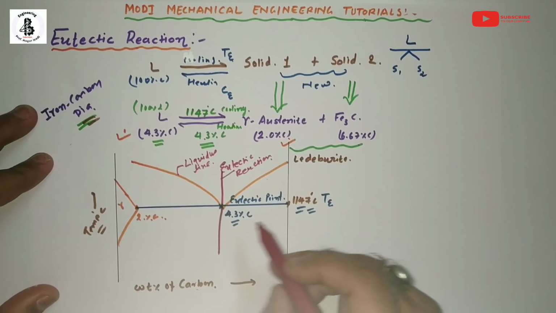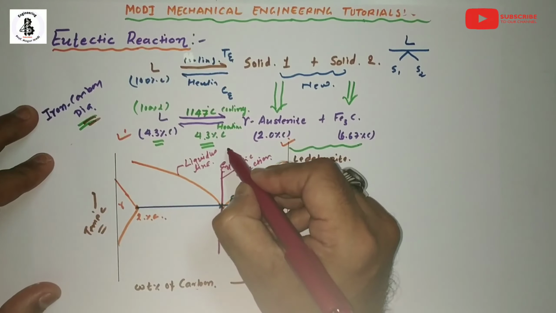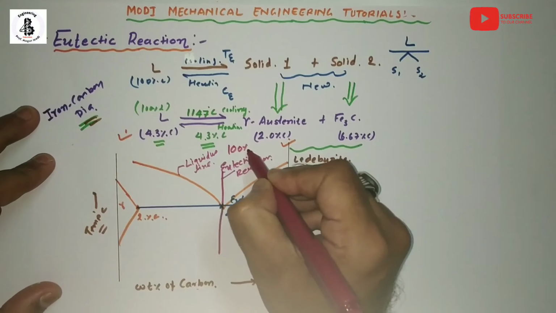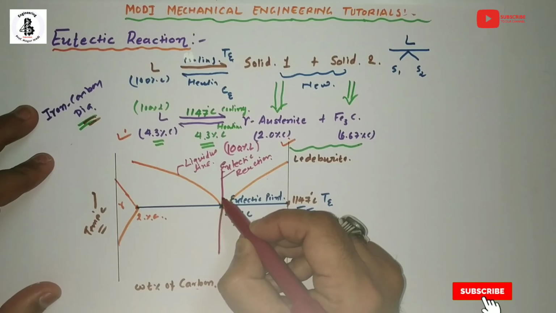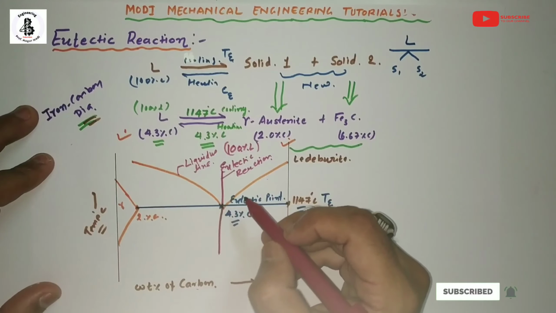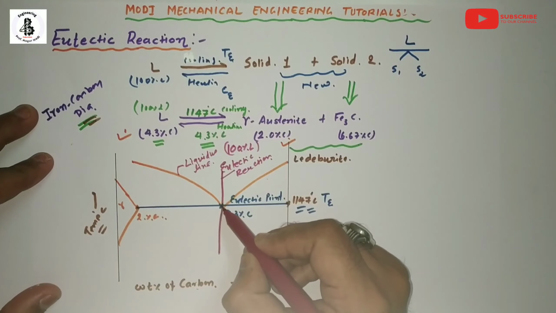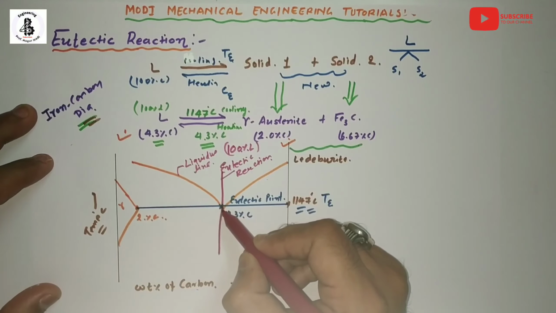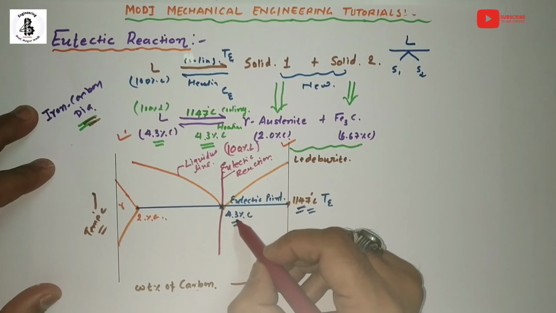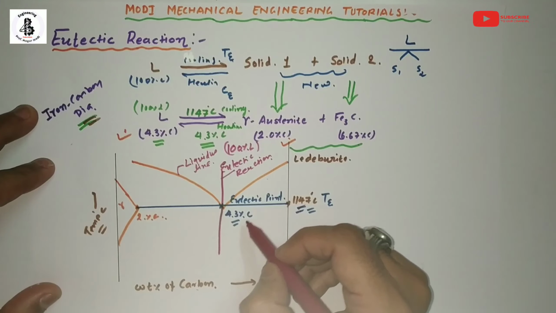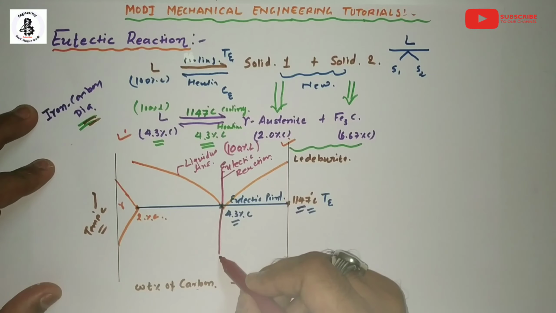As per the definition of the liquidus line, all the portion above the liquidus line will be the formation of 100% liquid. So just above this transformation line, it will be 100% liquid. Once it touches the eutectic point, at 1147 degrees temperature and 4.3% carbon, that will convert into two new solids.